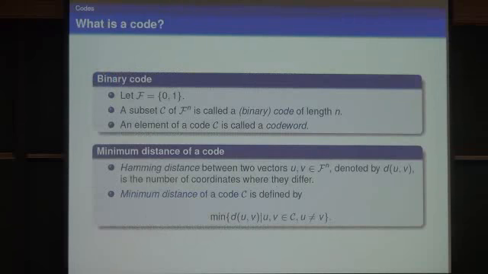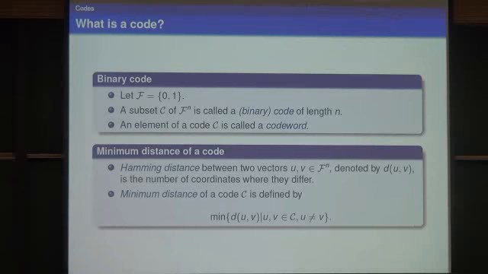So first, let me give the definition of a code. Well, we just start with the binary case. So F is just 0 and 1, and a binary code is just a subset, not necessarily linear, so we study nonlinear codes.